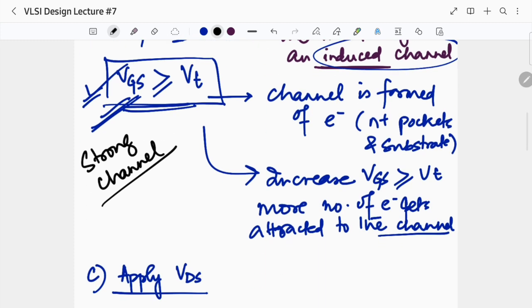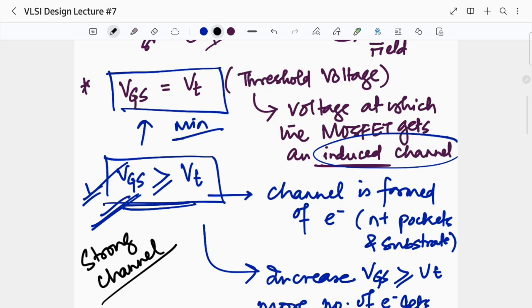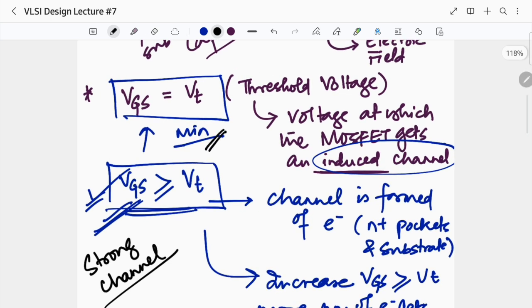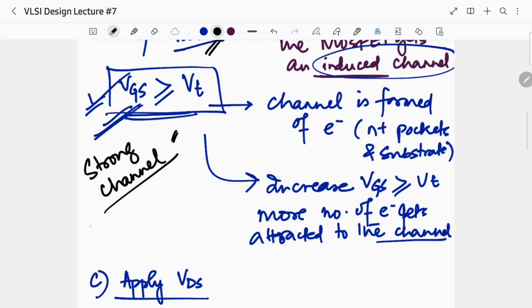So in other words, what is the difference between the previously made channel and this current channel? My channel has enhanced. So it means the channel is enhanced.